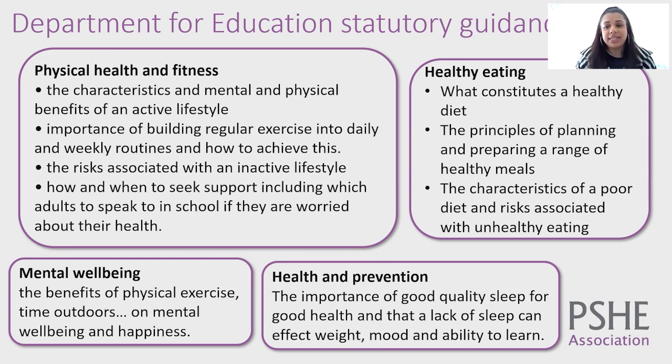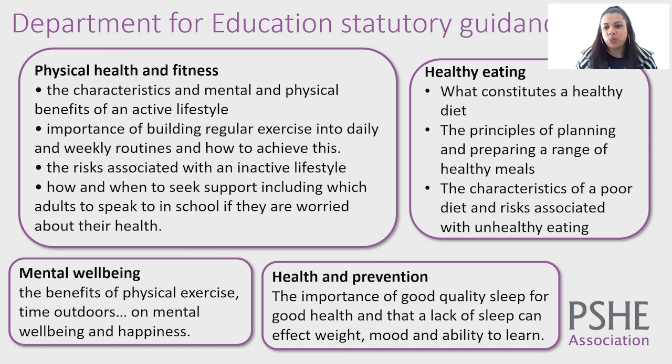As part of healthy eating, pupils should know what constitutes a healthy diet, the principles of planning and preparing a range of healthy meals, the characteristics of a poor diet and risks associated with unhealthy eating. And in health and prevention, pupils should know the importance of good quality sleep for good health, and that a lack of sleep can affect weight, mood, and the ability to learn.